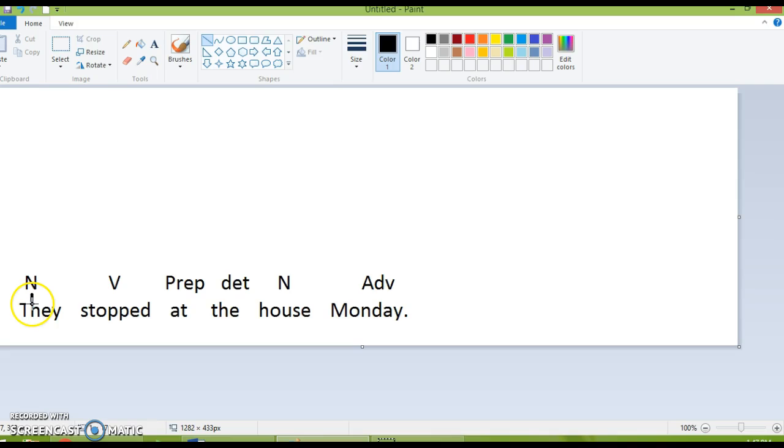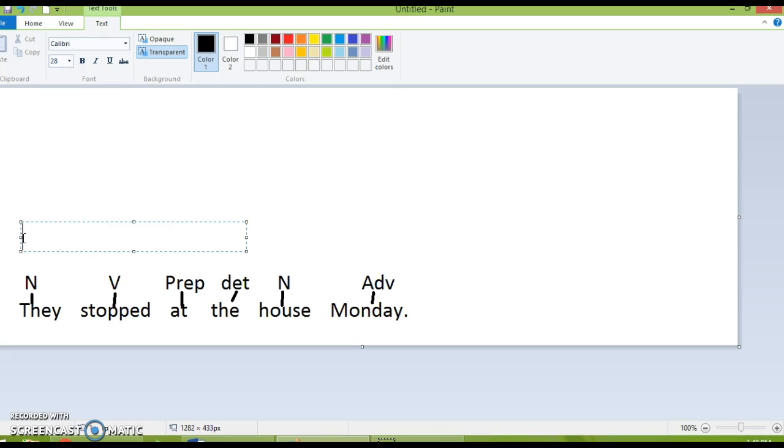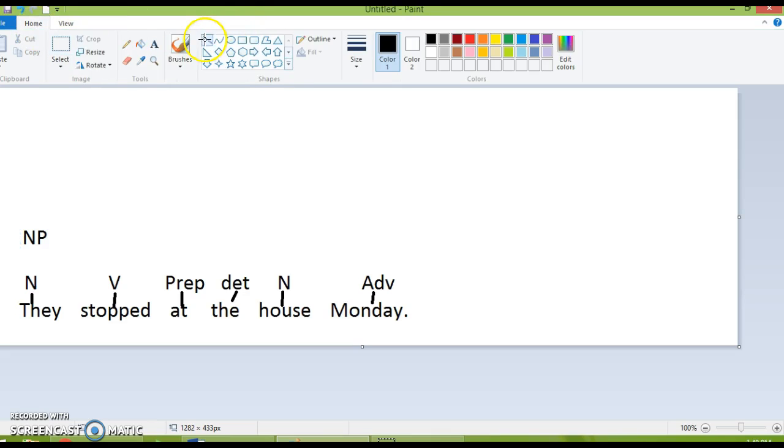After we draw our little lines, this keeps us nice and organized. So now we go back to our text box. We know they becomes a noun phrase. We can draw our line up to our noun phrase.